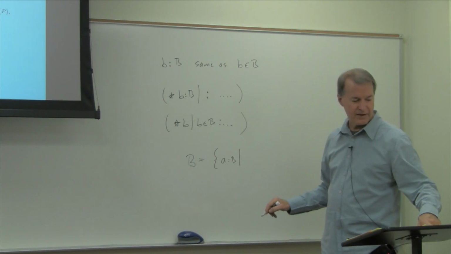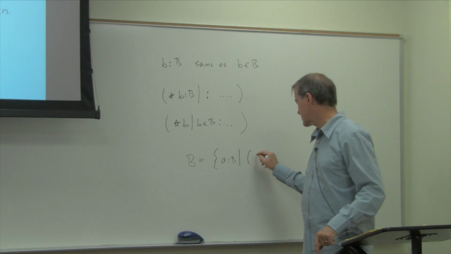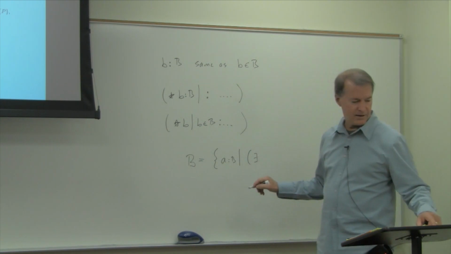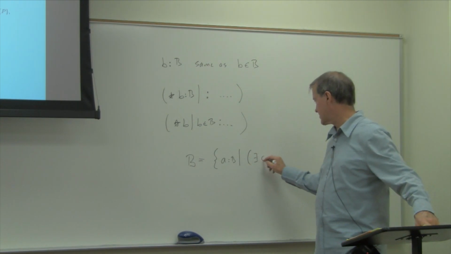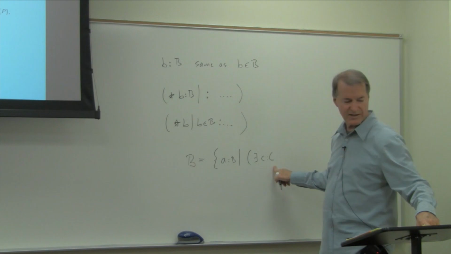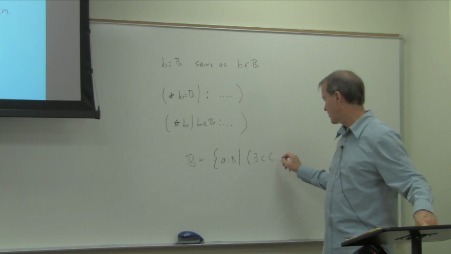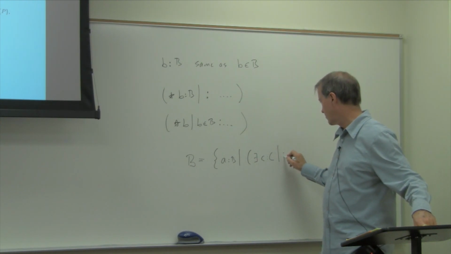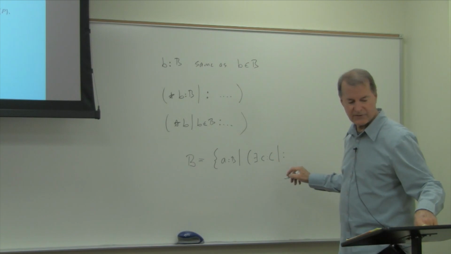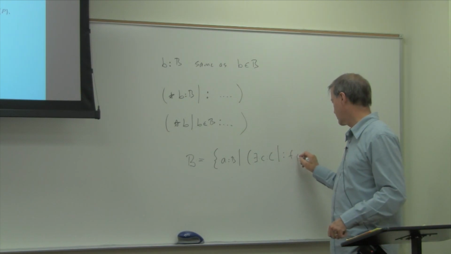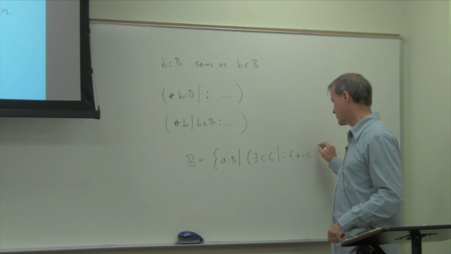Is this what you have? Yeah. And then here you have there exists a C, which is in big C, type big C, range true, and then you've got f dot A equals C, right? Is that what you have?